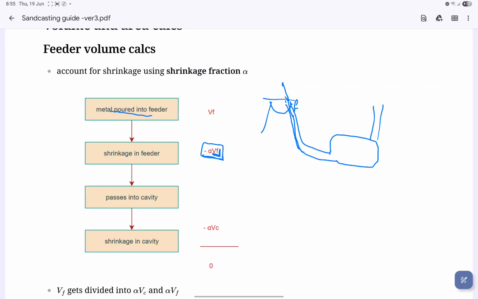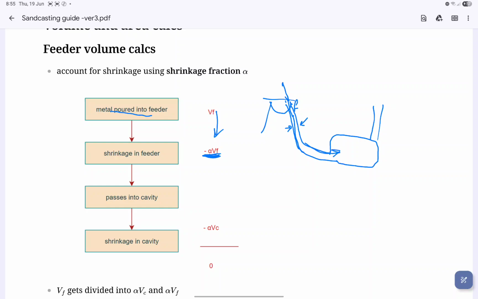So if you're with me so far, what happens is the volume of the feeder gets minus alpha VF. That is the amount that it shrinks by. And that makes sense. The change in volume, which is alpha, is being multiplied by VF, so that is subtracted.